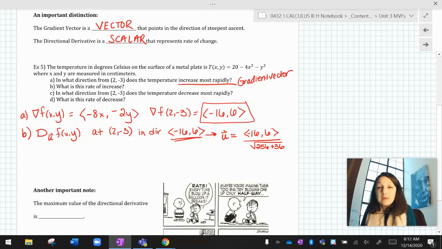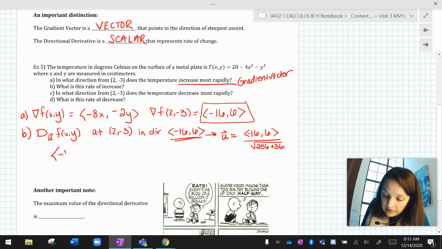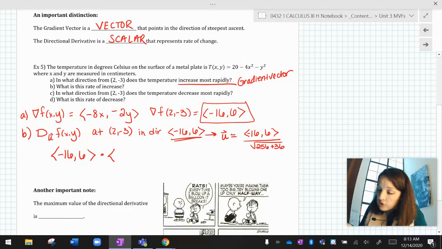So for part B, if I want to know how fast the temperature is increasing if I head in the direction of the gradient vector, I'm going to dot the gradient vector with the unit vector.